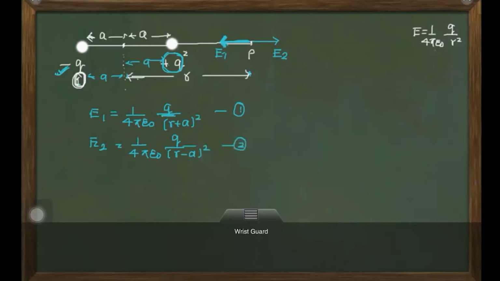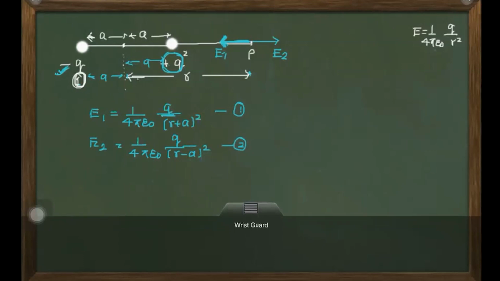Now, look at E1 and E2. You can find that E2 is greater than E1 because E2 has a smaller quantity in its denominator. So this one has less value and this one has more value, and these two forces are in opposite direction.